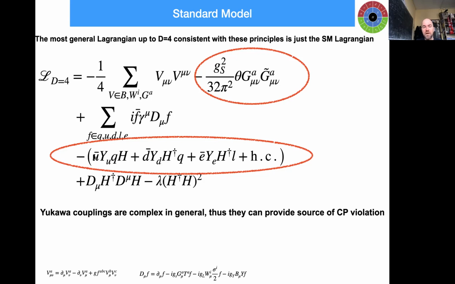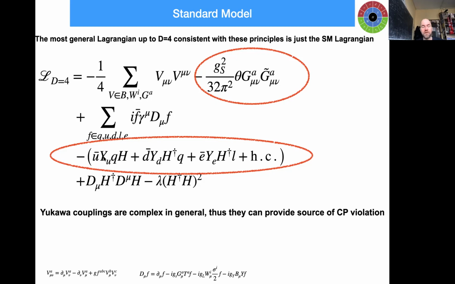So a priori, there are many sources of CP violation in the Yukawa couplings. But we know, of course, that this is not the case, because most of these phases we can get rid of by field redefinition.